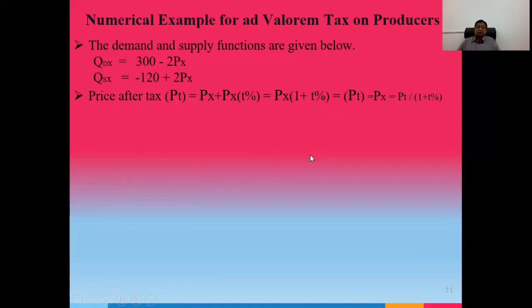Then you can see price after tax, PT, would be equal to Px into 1 plus T percent. So Px, the price of the commodity, would be equal to PT, price after tax, over 1 plus T percent. Now you can substitute PT over 1 plus T percent for the price of the product.